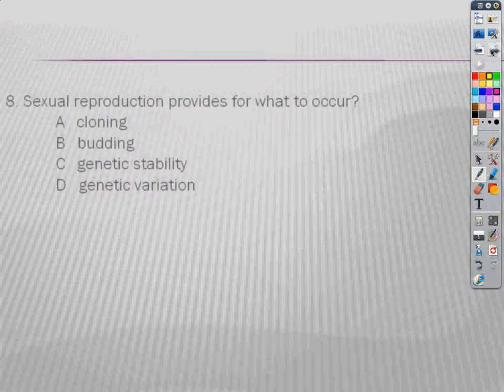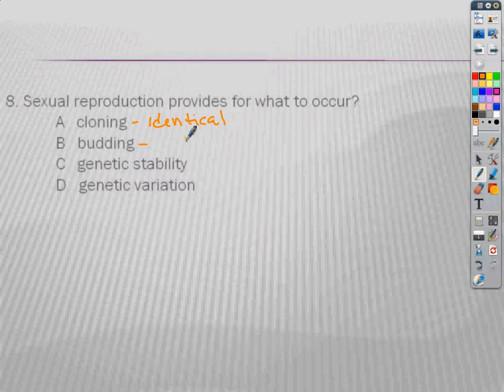Last question of this quiz. Sexual reproduction provides for what to occur? Well, cloning has nothing to do with sexual reproduction. That is identical. It's a carbon copy of you.